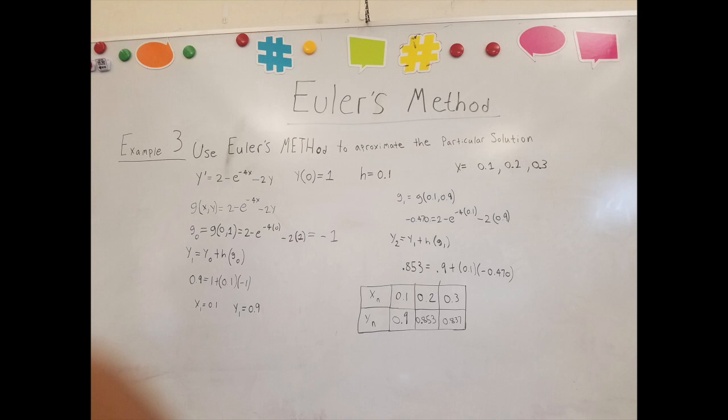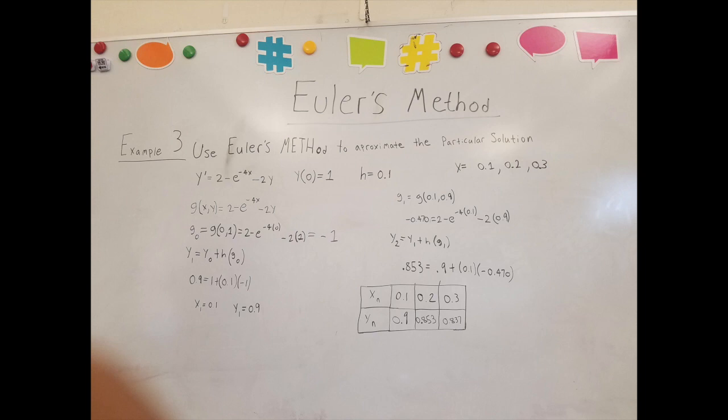So y1 is equal to y sub 0 plus h times g of x sub 0, y sub 0. You plug in your initial y sub 0 point, which is 1, plus your h, which is 0.1, times the answer to your equation, which is 2 minus e to the negative 4x minus 2y. You plug in 0 for x and 1 for y, and you get negative 1. Then you multiply that out and add them, and you get 0.9 for your first y1 value.